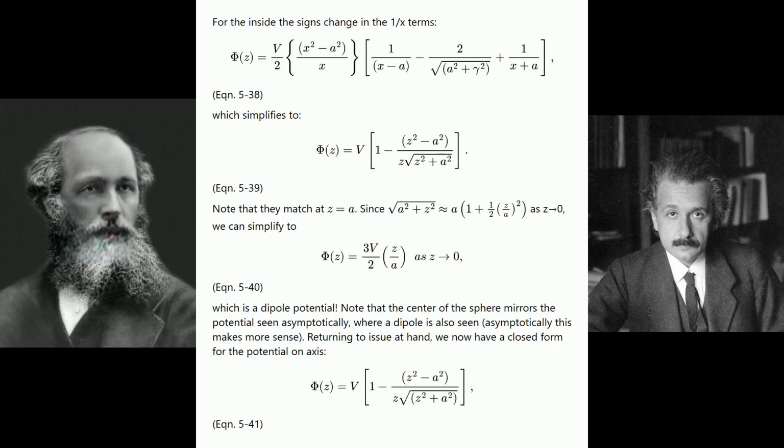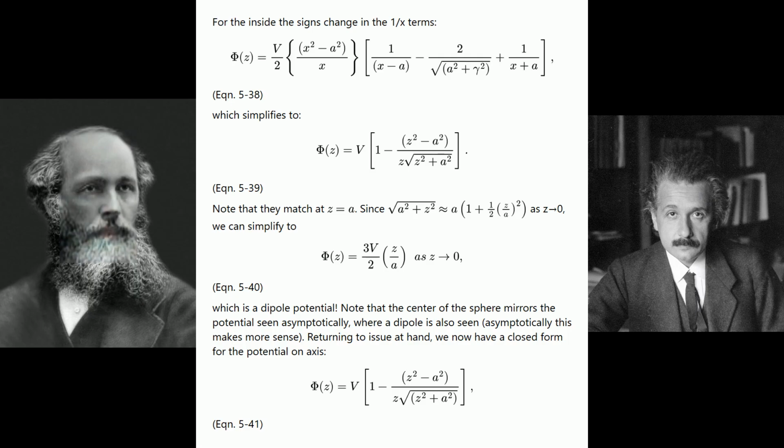Note that the center of the sphere mirrors the potential seen asymptotically, where a dipole is also seen asymptotically. This makes more sense. Returning to the issue at hand, we now have a closed form for the potential on axis. See equation 5-41 that follows.